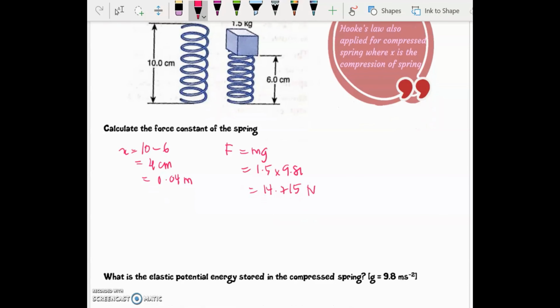Okay, so to find the spring constant, we can simply use Hooke's law, F equals kx, k equals F over x. So k here is 14.715 over 0.04, and you will get 367.88 Newton per meter.